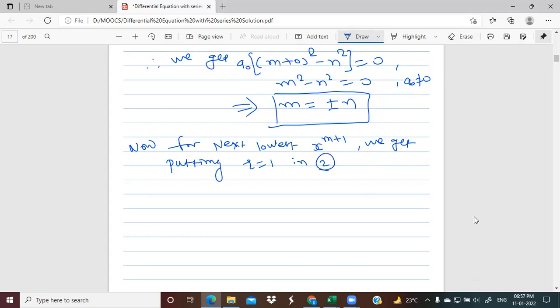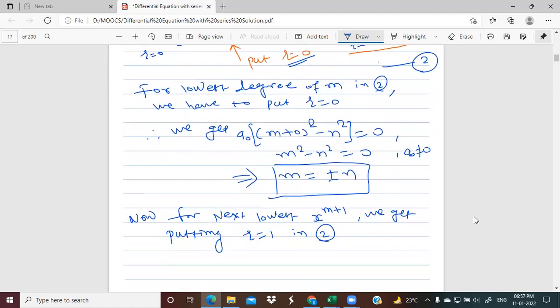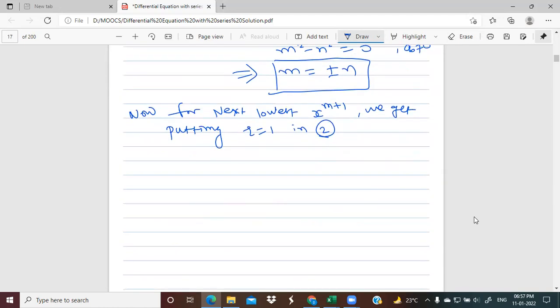Again, in equation 2, I will put R is equal to 1. What will happen? M plus 1, again we are getting this: M plus 1 whole square minus N square into A1.